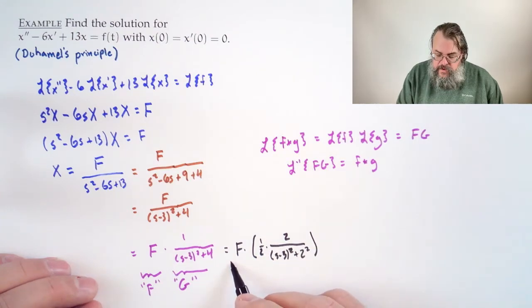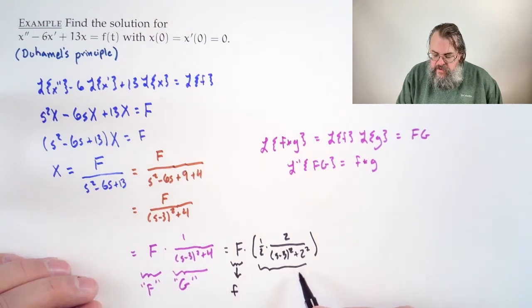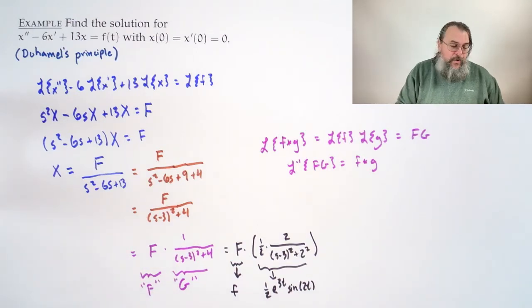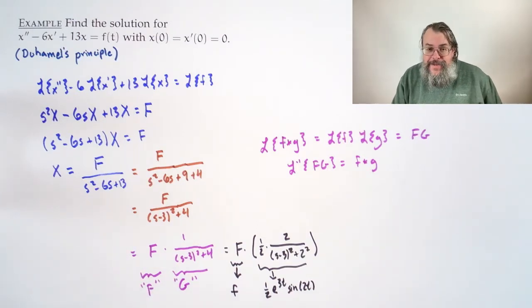So we know the inverse Laplace of capital F is little f. And here, the inverse Laplace of this piece will be 1/2 e to the 3t sine of 2t. All right, so we're almost done.